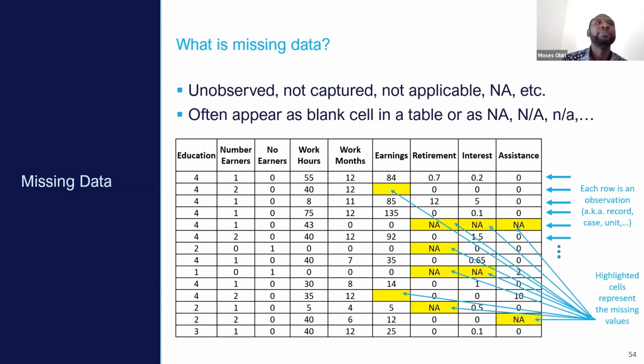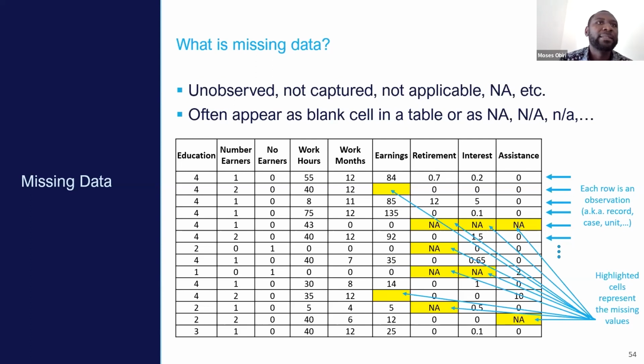This is an example of a data set with missingness in it. This is survey data where respondents were asked to answer questions related to their level of education, ranging from 1 to 4.